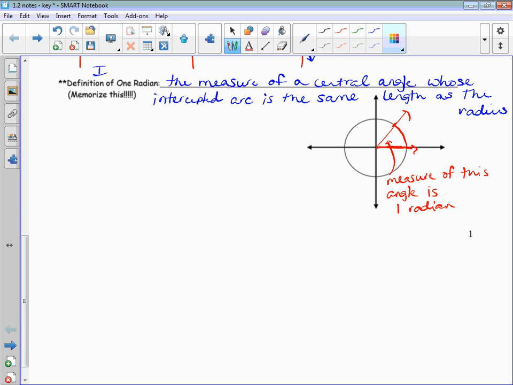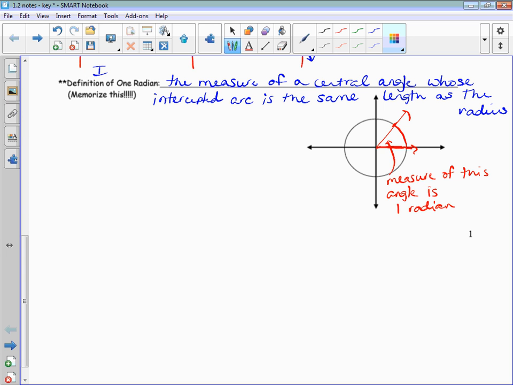One more thing to show you the radians here. So this length here, this arc, I'm going to use it again. So starting from the end here, I'm going to wrap that length around again.